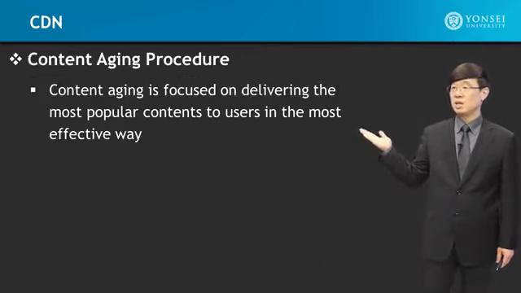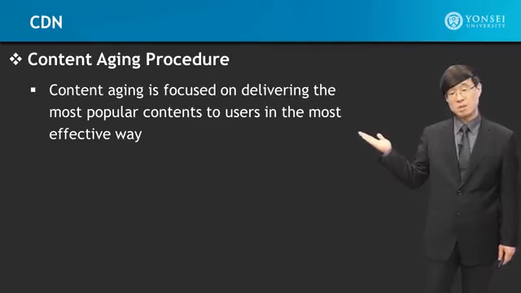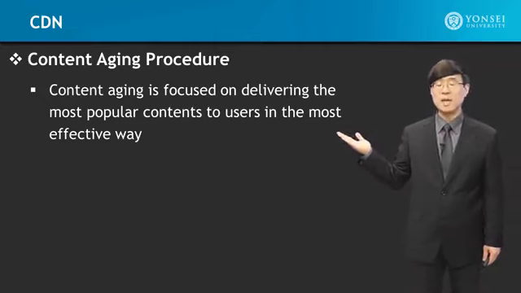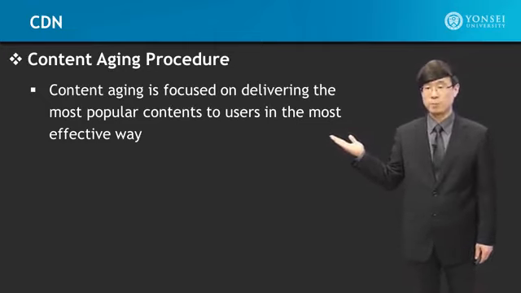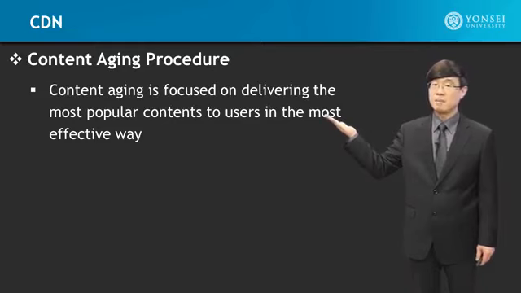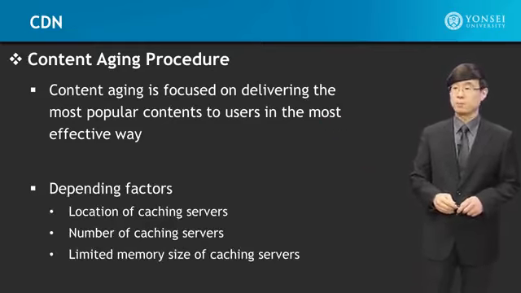Content aging is focused on delivering the most popular contents to the user in the most effective way. In other words, we want to send things that will be requested, that will be reused and reused and reused locally. So content aging is one thing, where older contents are discarded to make space for newer contents that are more popular to come in.